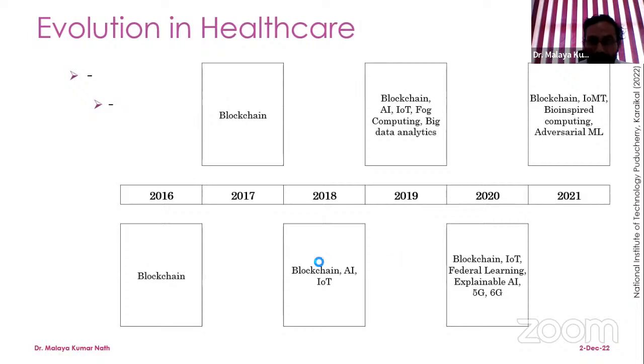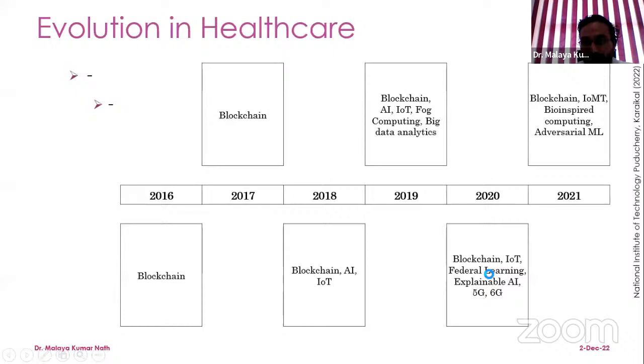Due to the involvement of AI, IoT and fog devices, patient activity can be analyzed more efficiently. In 2020, blockchain, IoT, federated learning, explainable AI, 5G as well as 6G came into the picture.